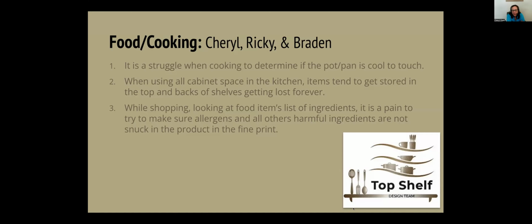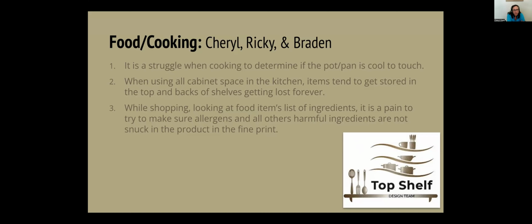So we did food and cooking, and these are our top three that we came up with. Our design name is Top Shelf, and we're focused on creating kitchen products using innovative design, but also focused on function and the attractiveness of the end product as well.